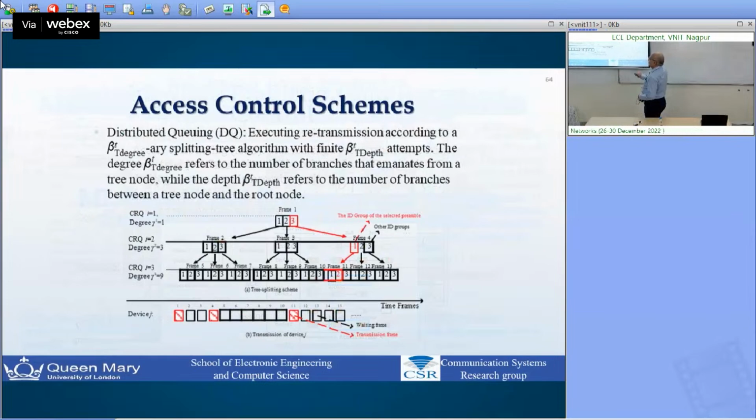If you have degree 3 and depth 3, then 3 squared is 9, plus 3, plus 1, so a total of 13 frames. The first frame is allowed, then it goes to this end.